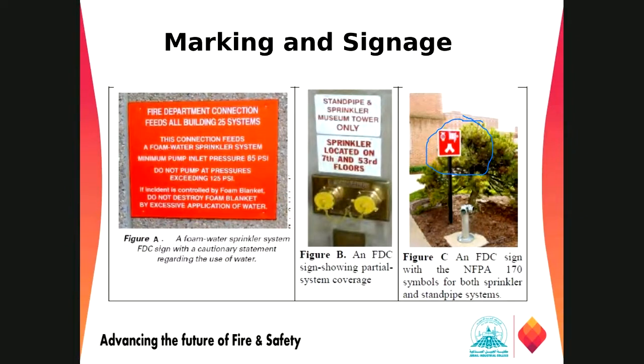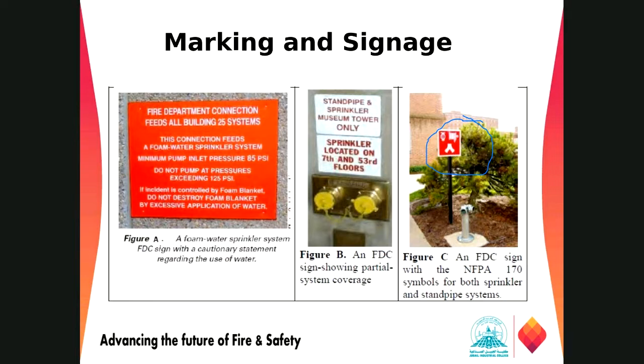Now the meaning of the one in the middle: if we have a big multi-story large commercial complex with different risers and different fire department connections for different standpipe systems, we have to give the information about exactly which area inside the building is supplied by this fire department connection. They are saying the standpipe and sprinklers for museum tower only.